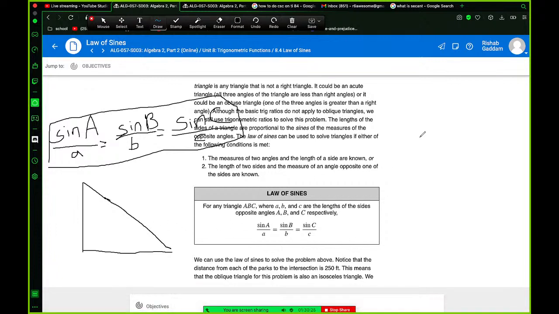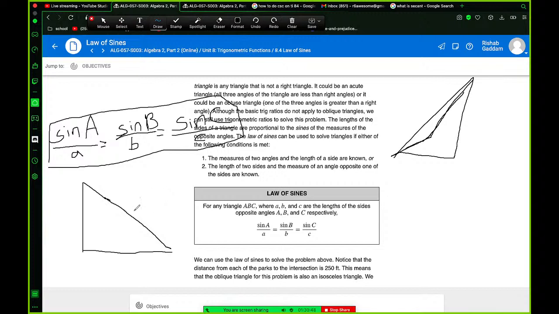The law of sines applies to any triangle, not just a right triangle. It even applies to this weird looking triangle right here. It applies to all triangles.